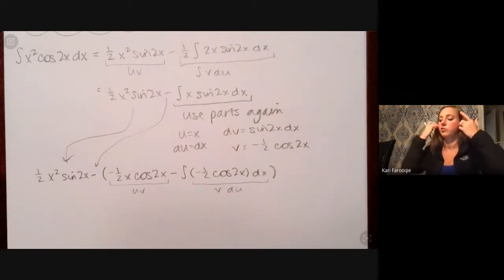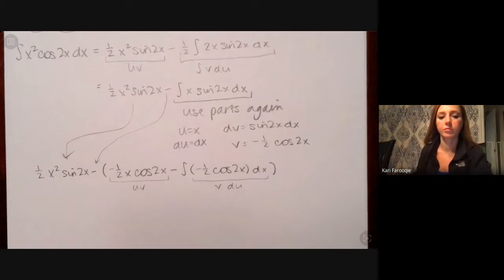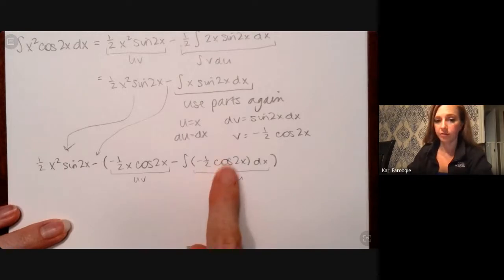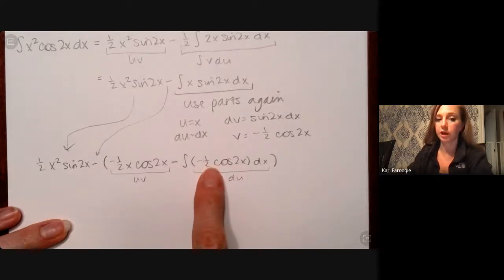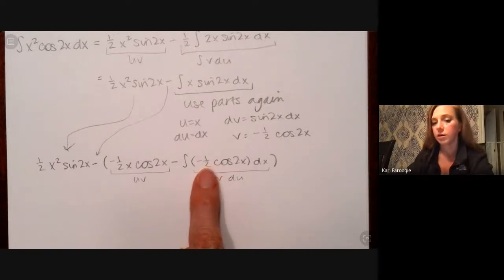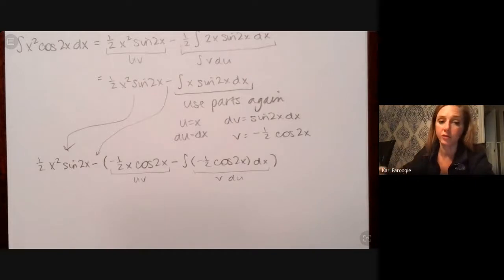Okay, so there's your v du. And now we're going to simplify, and luckily we're going to have something here that we can integrate using rules from Calc 1, and we won't have to use parts again, because this time I don't have any variables that are being multiplied into this function.